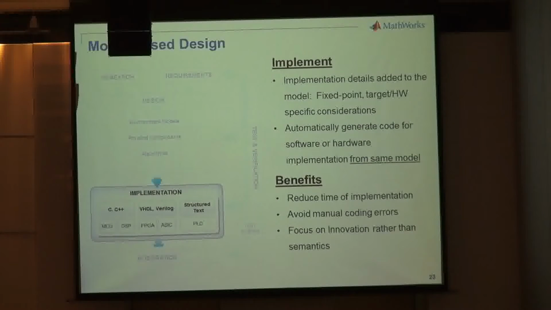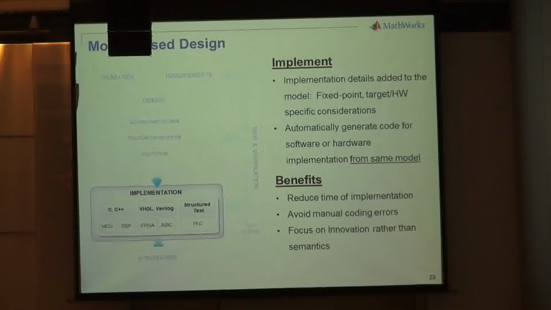This model, which we call Simulink, allows us to incorporate all of those capabilities. And when you're ready to implement, we use some technology to allow us to do automatic code generation. So we can automatically generate these implementation codes, which we'll talk a lot about today.